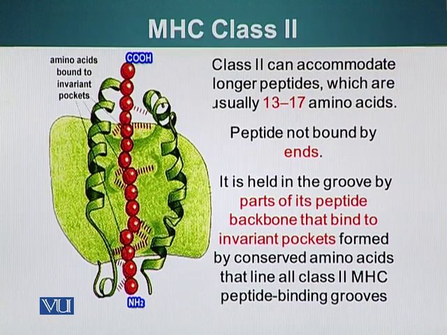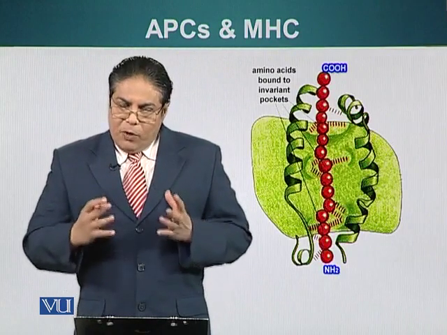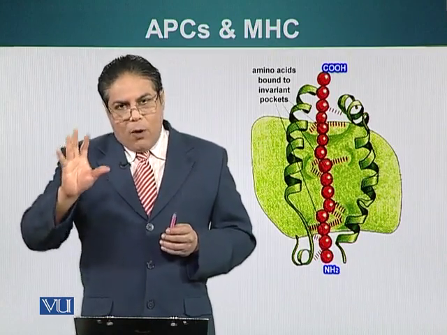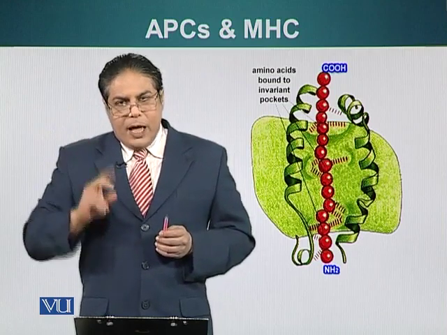Using this strategy, MHC2 molecules can also bind a large variety of different polypeptides, about 13 to 17 amino acids long. So these MHC molecules are basically displaying peptide fragments of the cell on their surface.